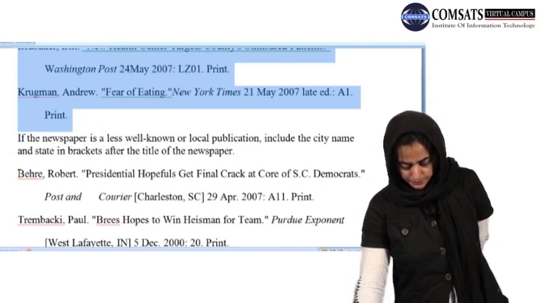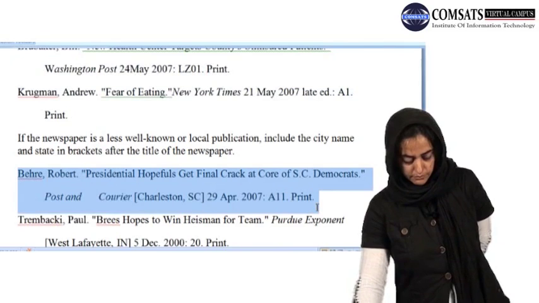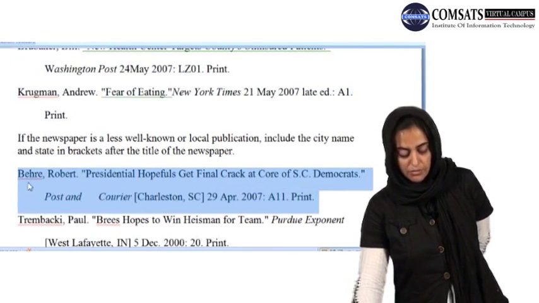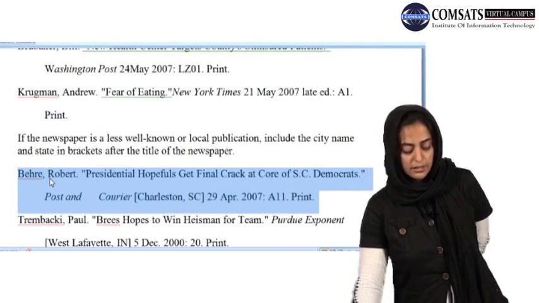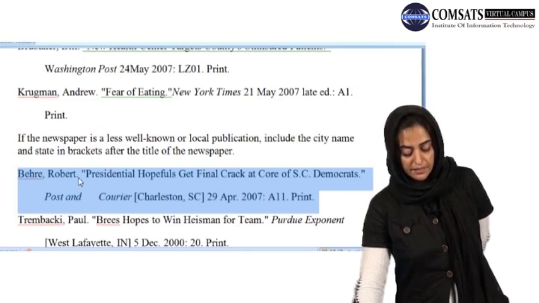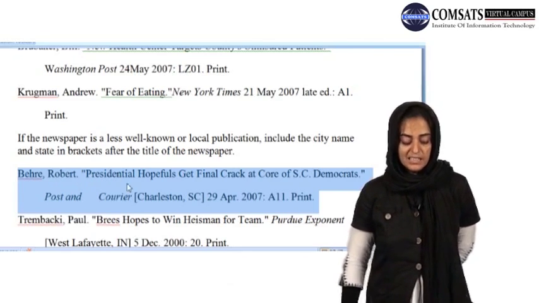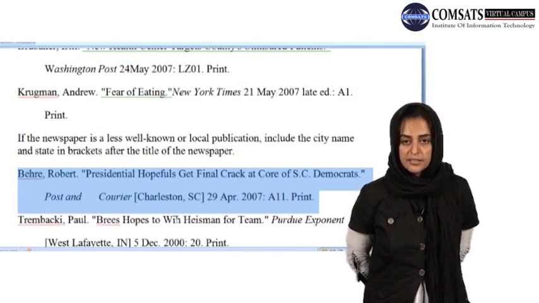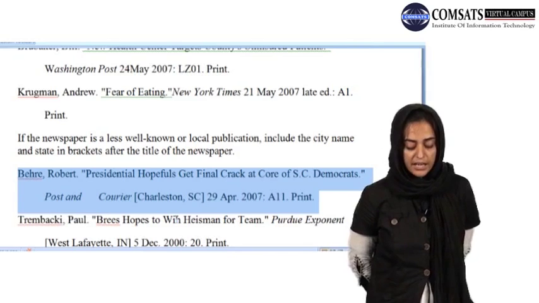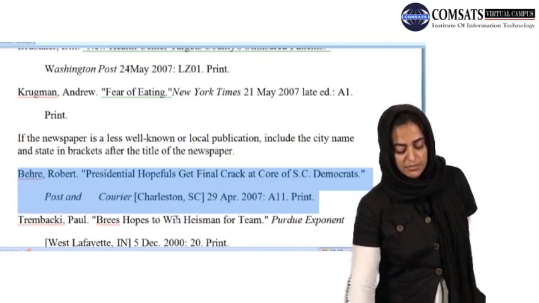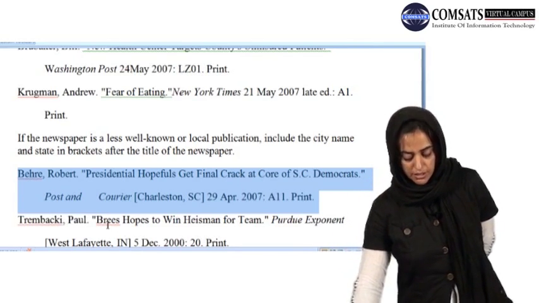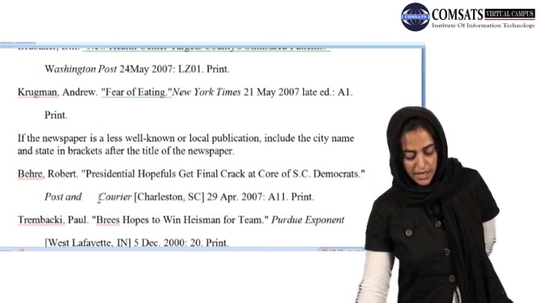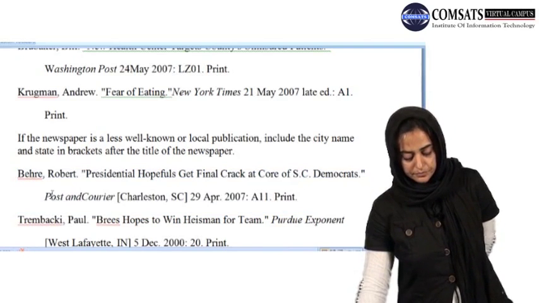Here in front of you, the name of the author of the article, Robert, in last name, first name fashion, then a dot. Then in inverted commas, the name of the article, "Presidential Hopefuls Get Final Crack at Core of SC Democrats." Then inverted commas close, and here comes the name of the newspaper, dear students, Post and Courier.